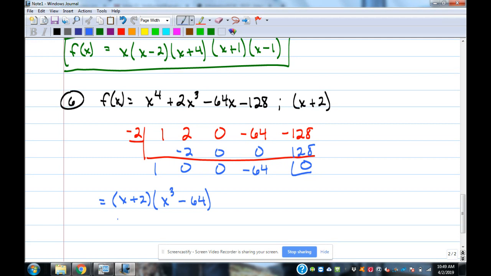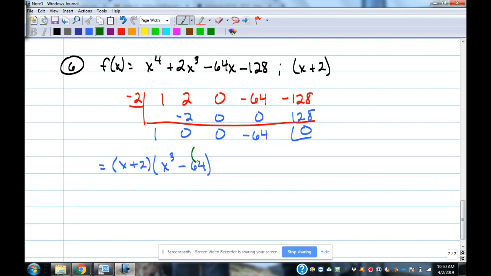Well, what tools do I have to factor that x cubed minus 64? Difference of cubes. 64 is what cubed? 4. Okay. So remember, we're going to have a short piece and a long piece.